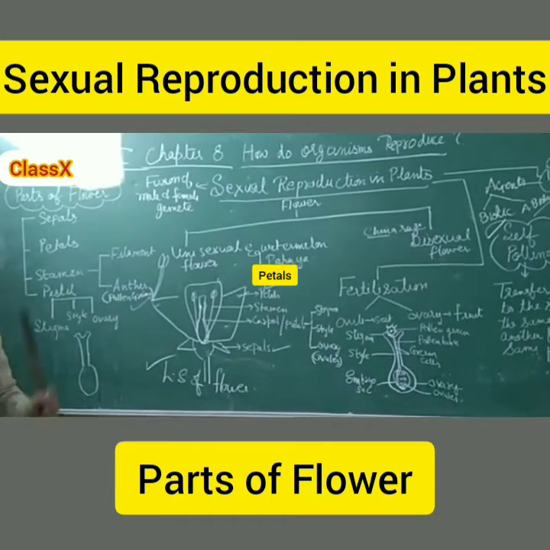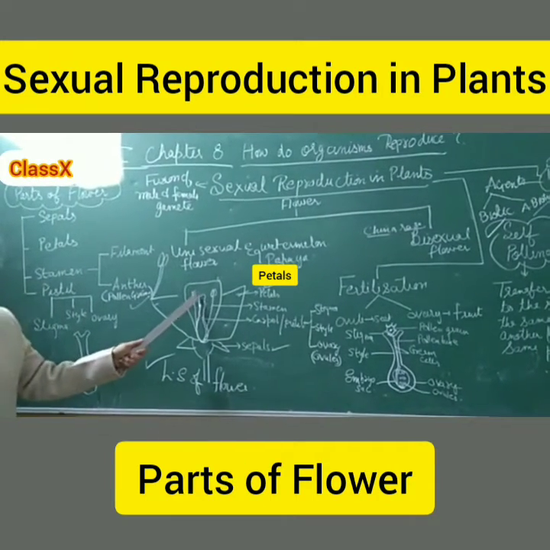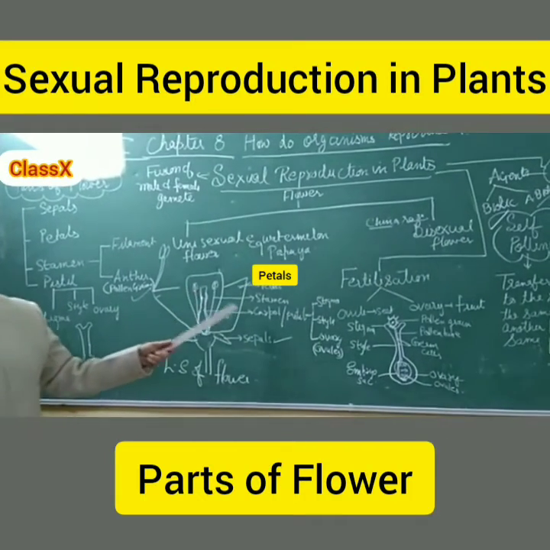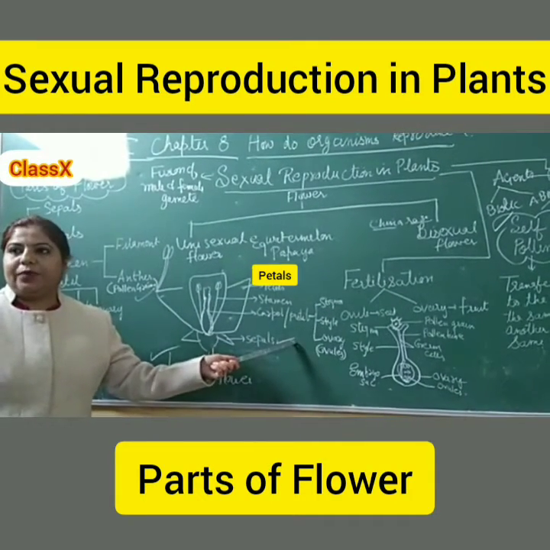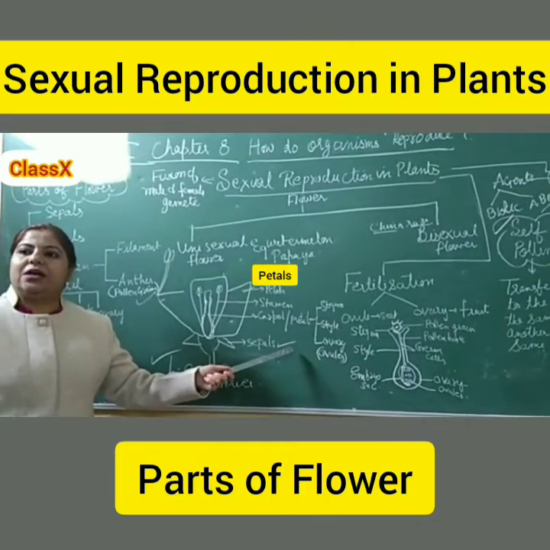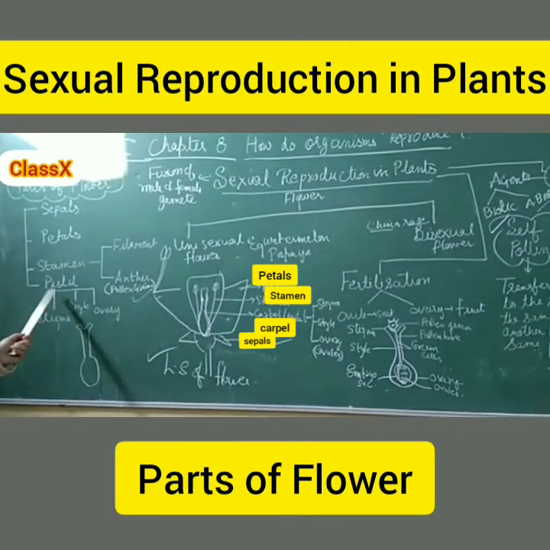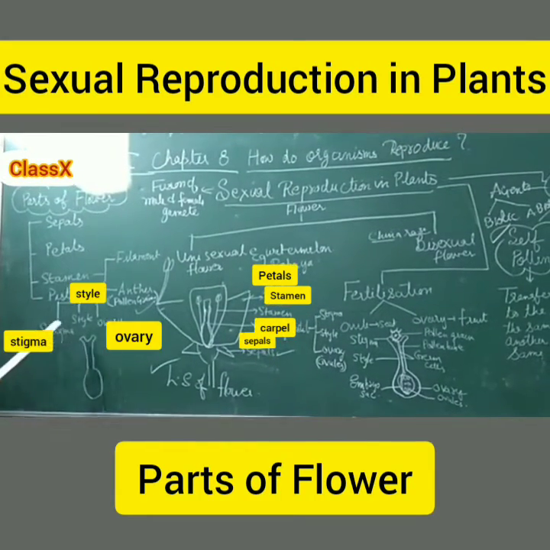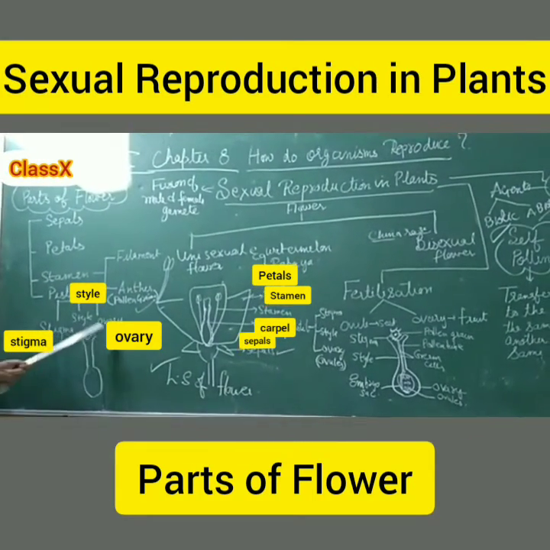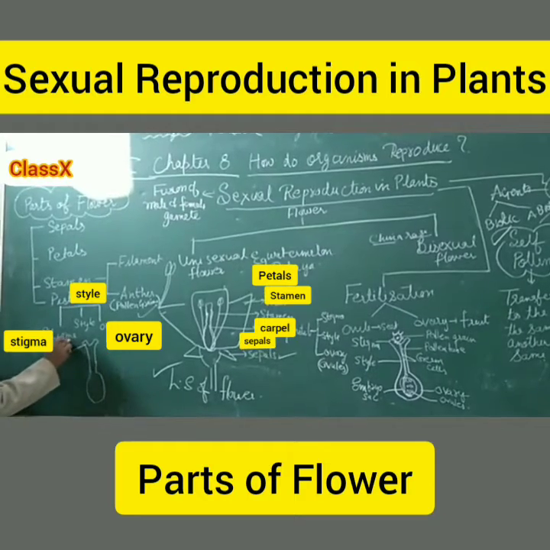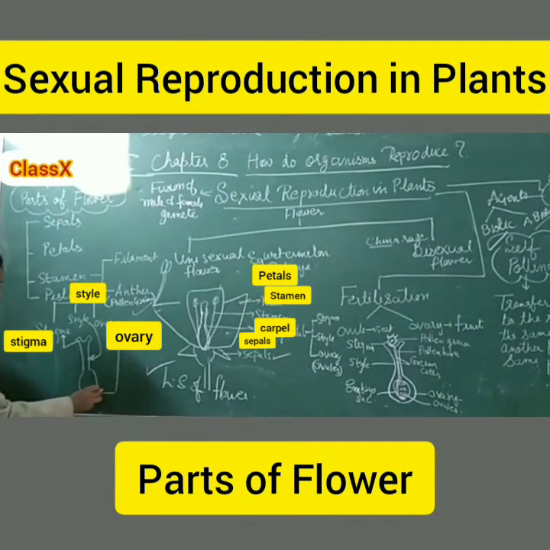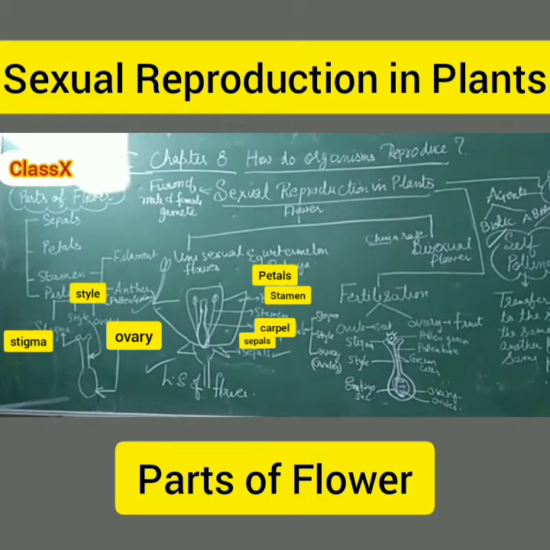Is it clear? Then we have this center swollen part which is present in the center. It is called the carpel or pistil. Carpel and pistil is the female reproductive part of the plant. It has three different parts, that is stigma, style and ovary. This is called the stigma. This long tube is called the style and this swollen part is called the ovary.